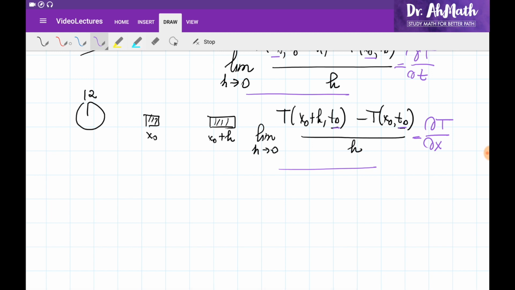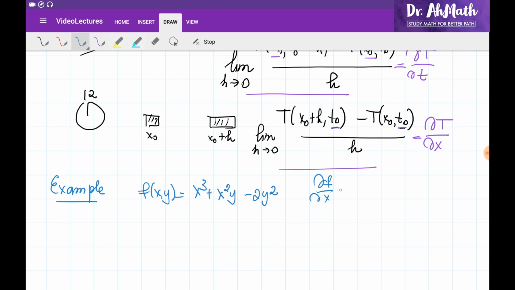So let's do an example in order to understand how we need to take the derivative from the real function technically. So let's say we are given a multivariable function in the form of x cubed plus x squared y minus t y squared. What we need to do is find the partial derivative of f with respect to x at the point t and 1.